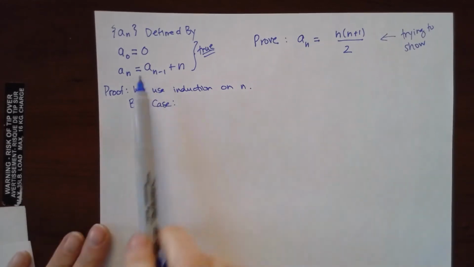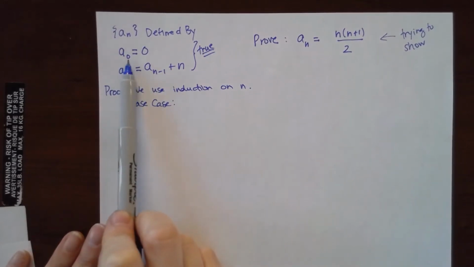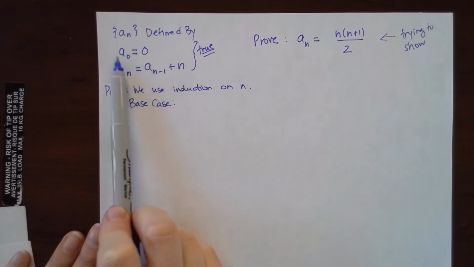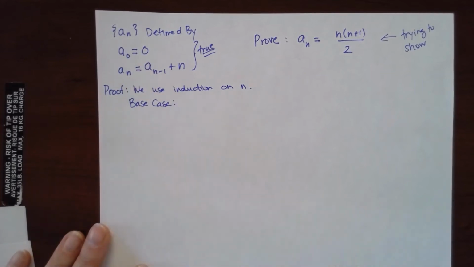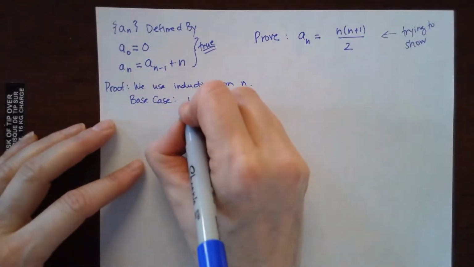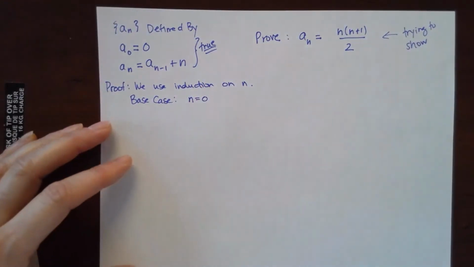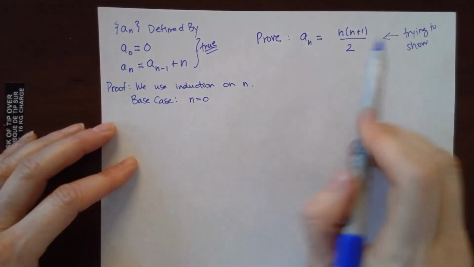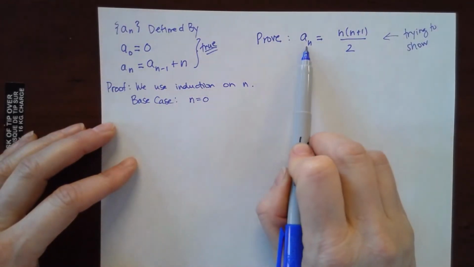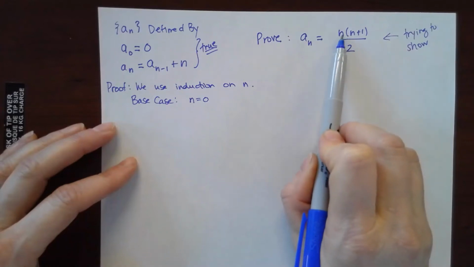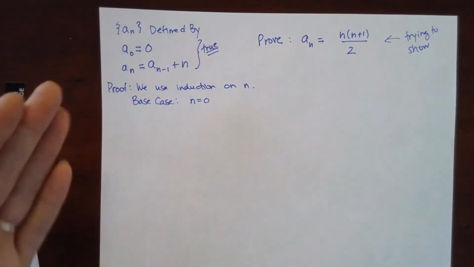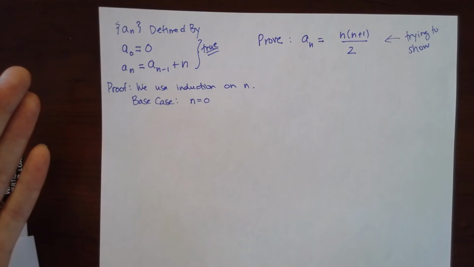Right, so I go over here. The smallest index I can ever use for n is 0, because that's where this sequence starts. So our base case is n equals 0. And I'm trying to show that this a sub n and this formula, n times n plus 1 over 2, actually give me the same thing, right?